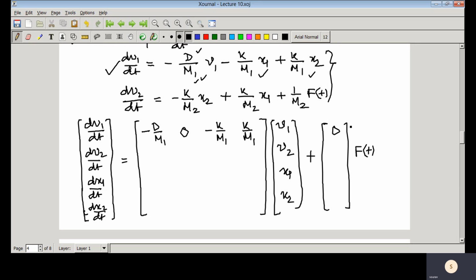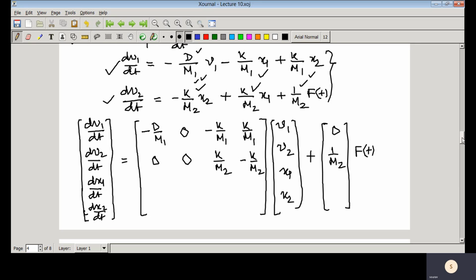There is no input, so 0 here, and for this one, that is minus k by m2, here this term, and that is k by m2, this term, and here you have 1 by m2 this term, the other two terms 0.